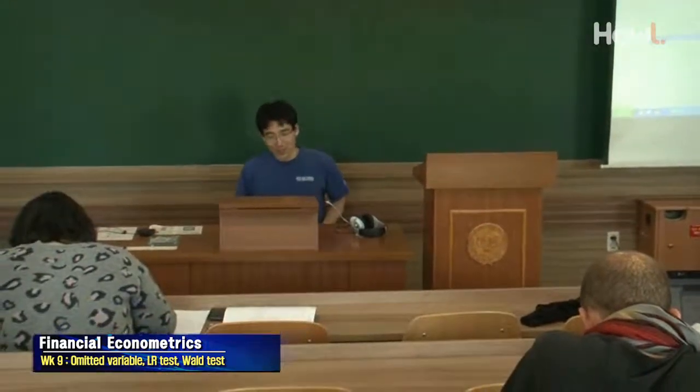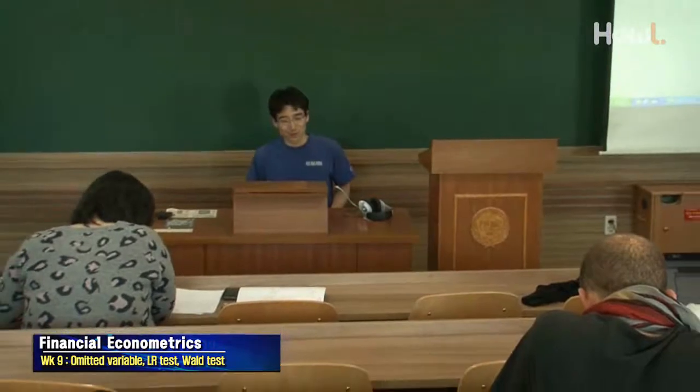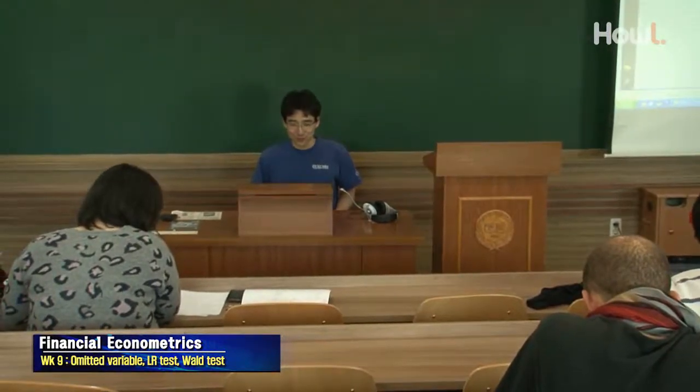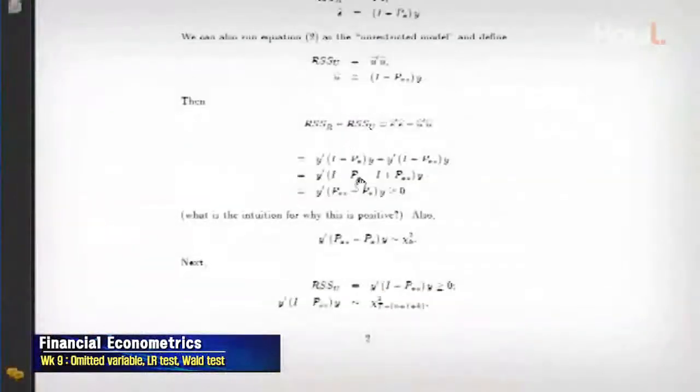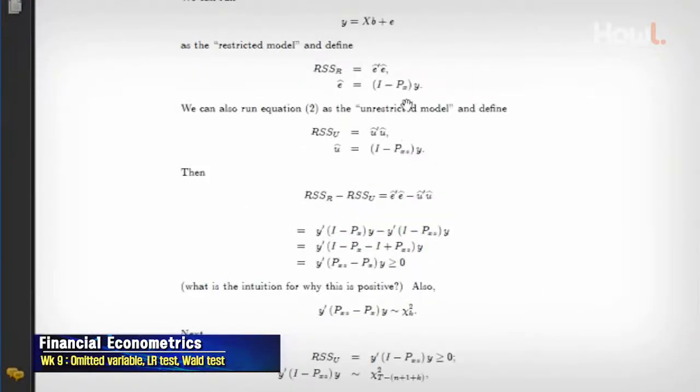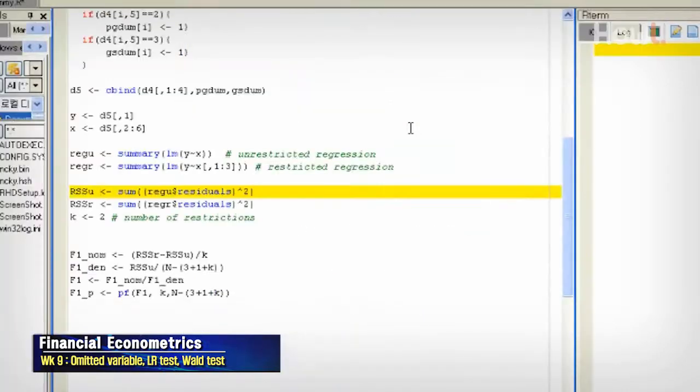I used a slight shortcut for this part, but I think it is more educational to define this P matrix. Okay, so let's define the P matrix. To define the P matrix, I have to add a constant term.